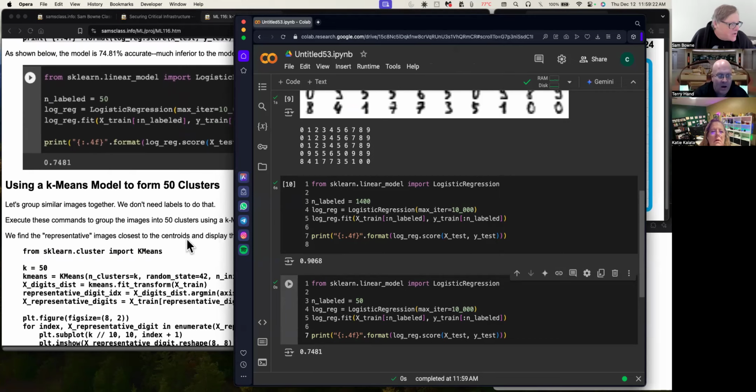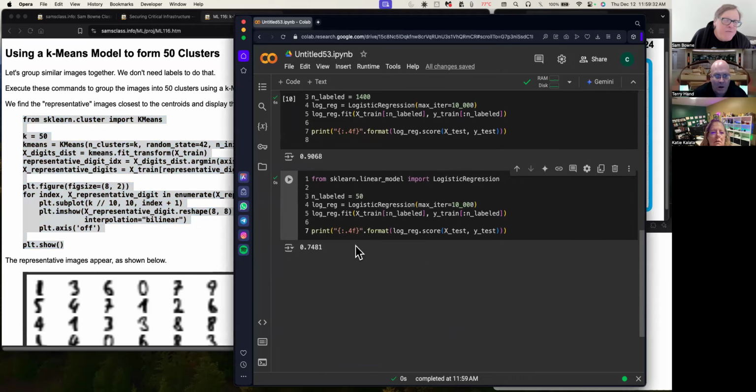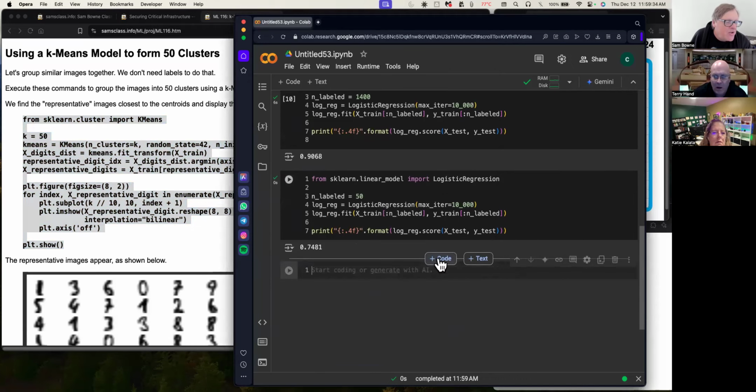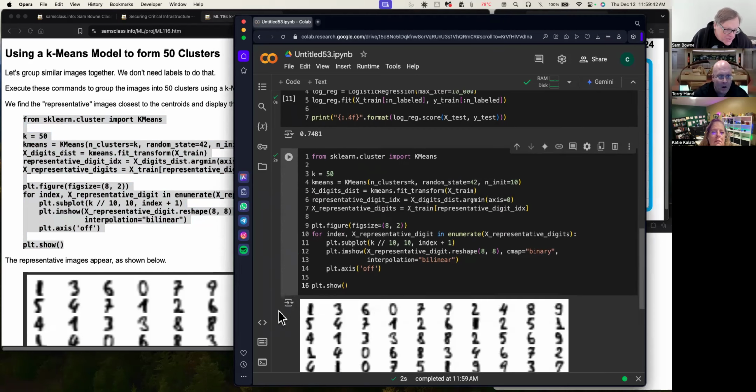So here's what you do. I use a k-means model to form 50 clusters. I'm going to try to find representative images, where only 50 images accurately represent all the different types of images you're going to see in there. So I use k-means to group those 1,400 images into 50 clusters.